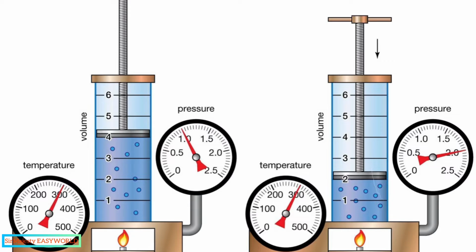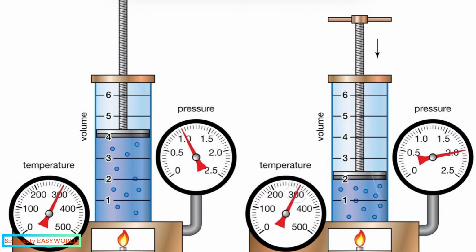Then the pressure over here remains 1.0. Then temperature remains 300 here. So in this situation, the temperature is constant because it's still 300 in whichever case.